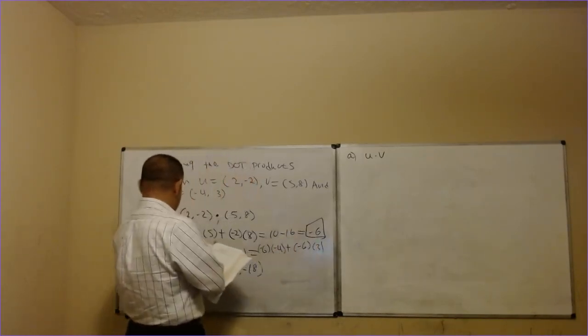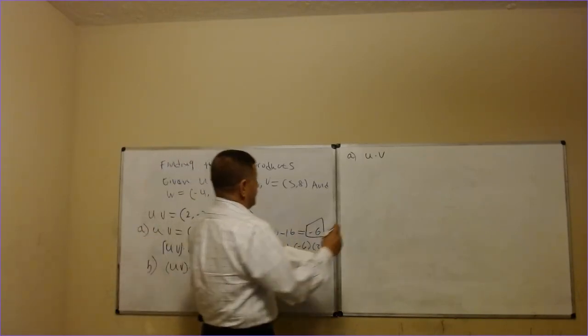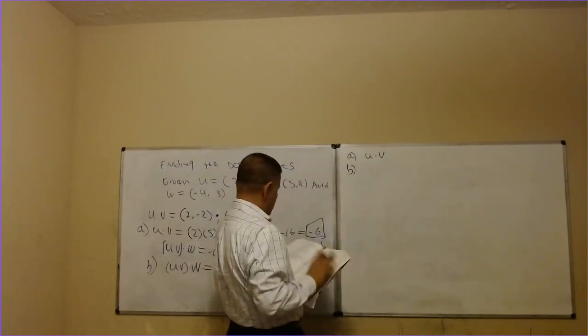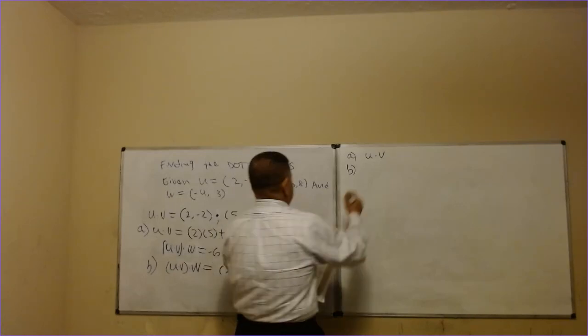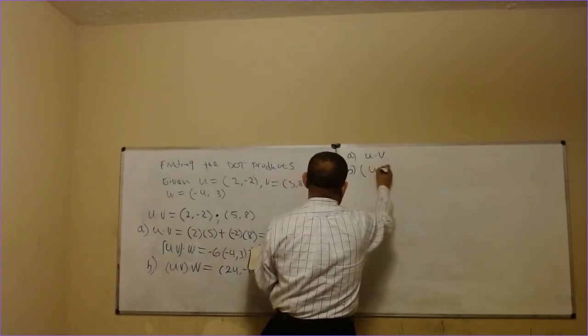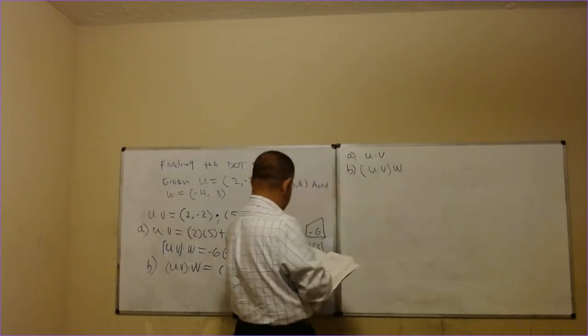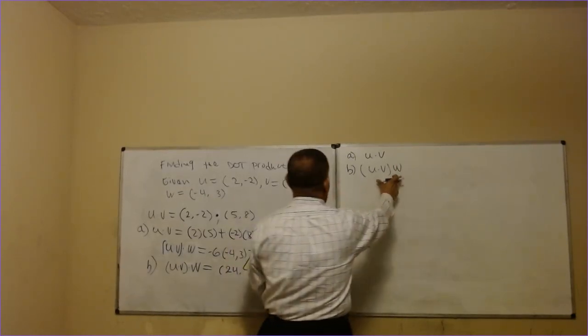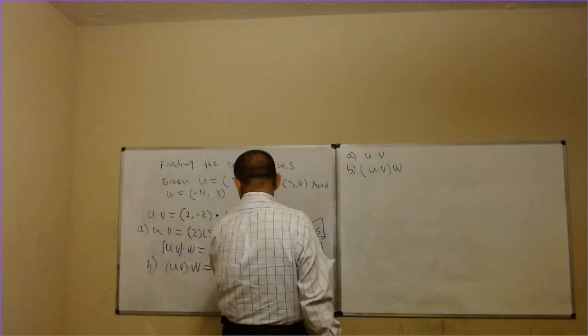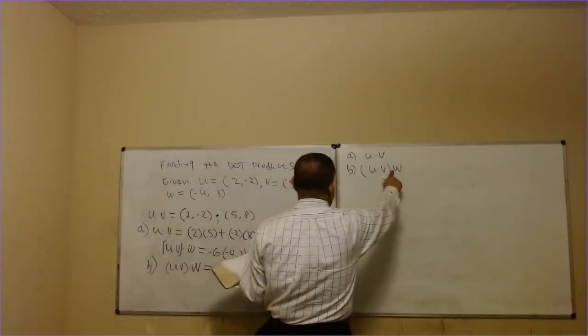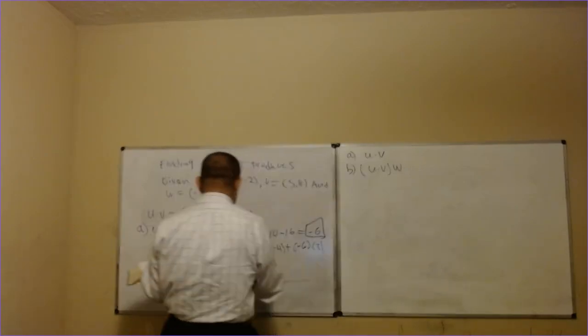Then for part B, do u dot v dot multiplied with w. Notice when you don't have any dot like this, you get this type of answer.